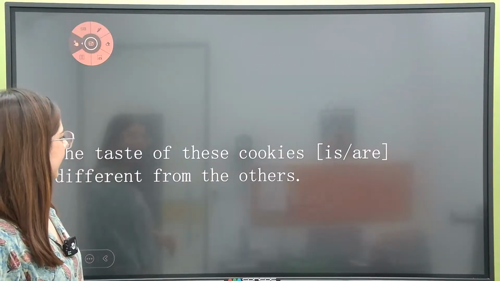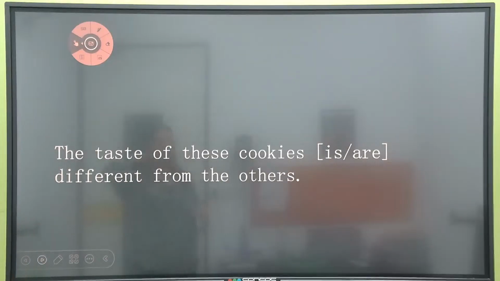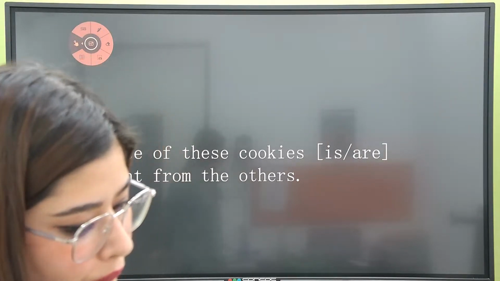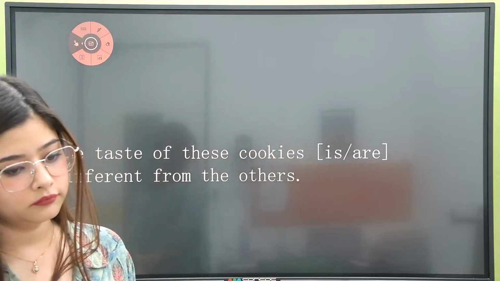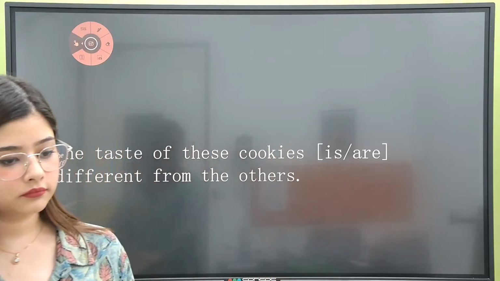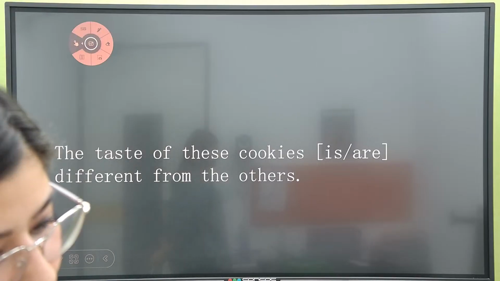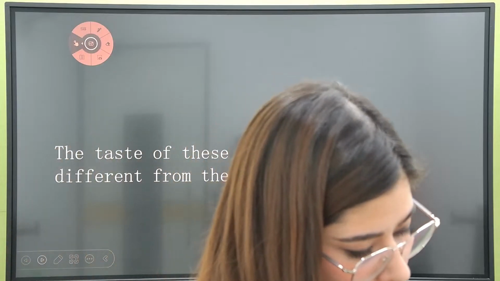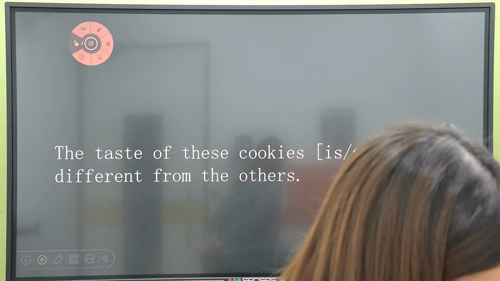Next, the taste of these cookies, you have to choose between is and are. The taste of these cookies dash different from the others. Good Shaurya, good Parthav. Sanil is also answering.